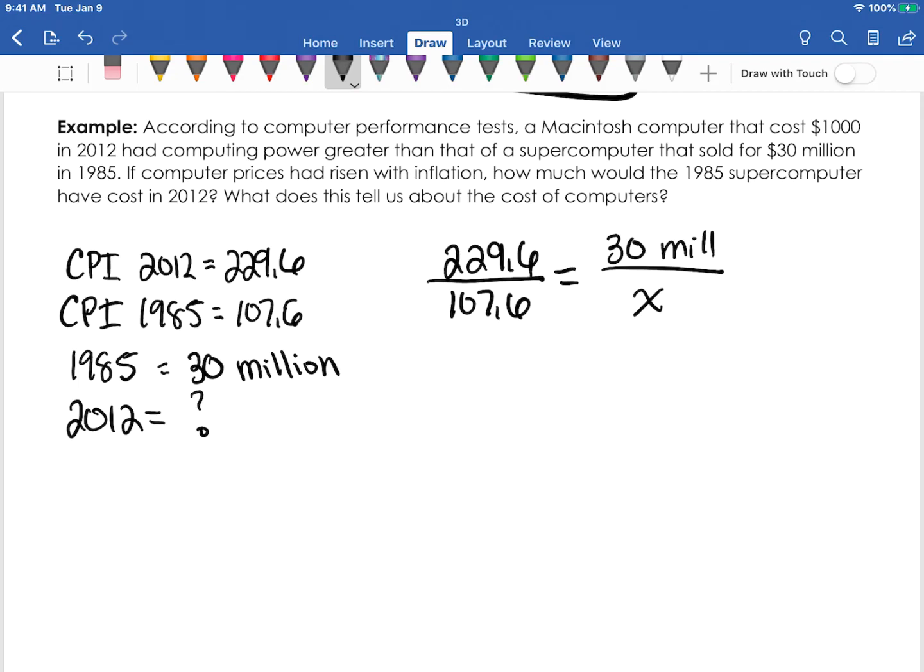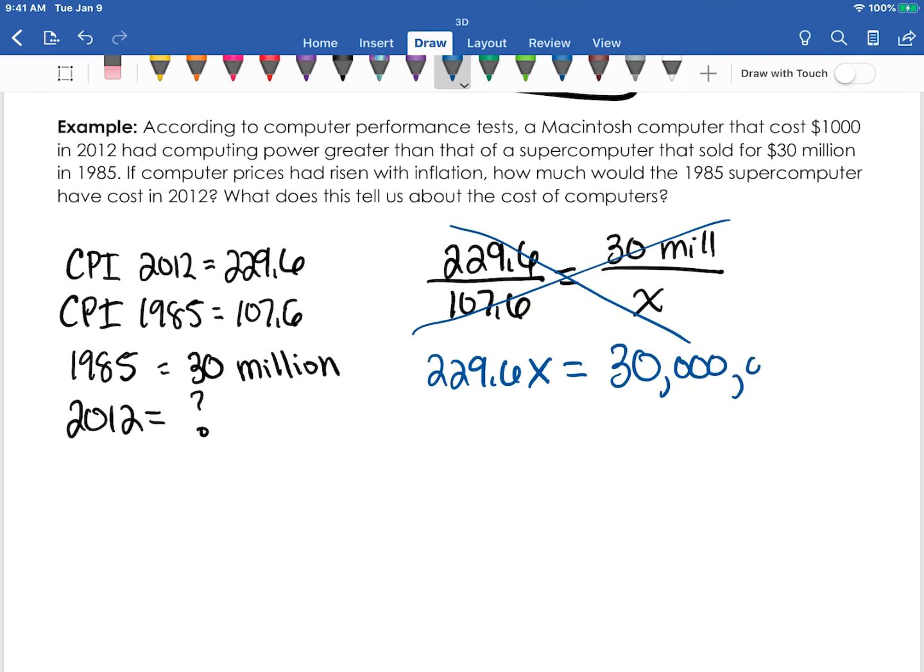So if I cross multiply, I take 229.6 times x, and that's going to give me 30 million times 107.6. Then I have to divide both sides by 229.6. Let me fix this so that it's an approximation. That's going to give me approximately $64 million.